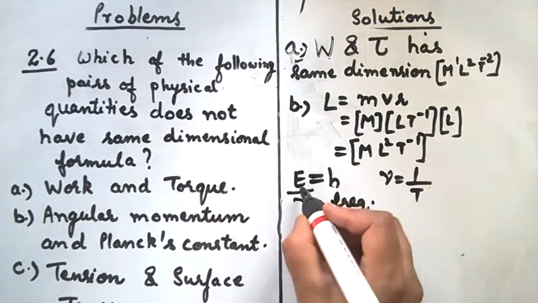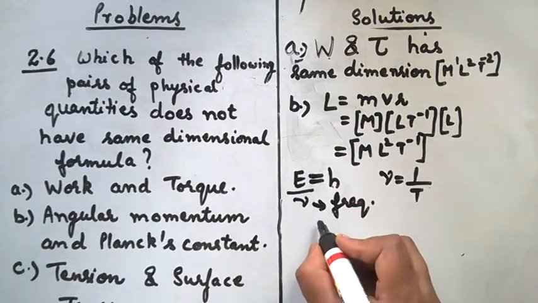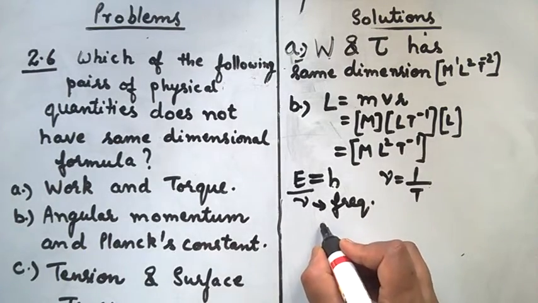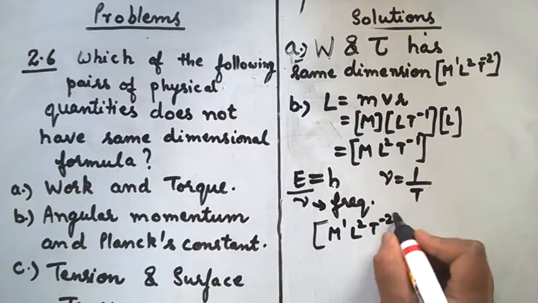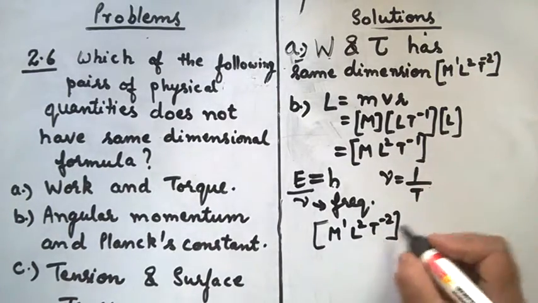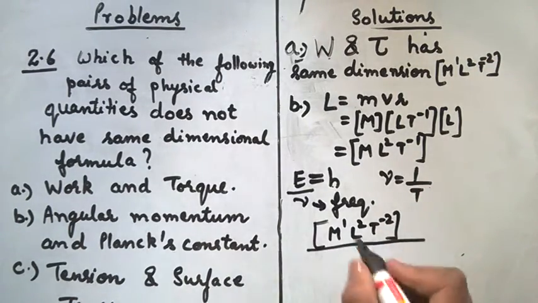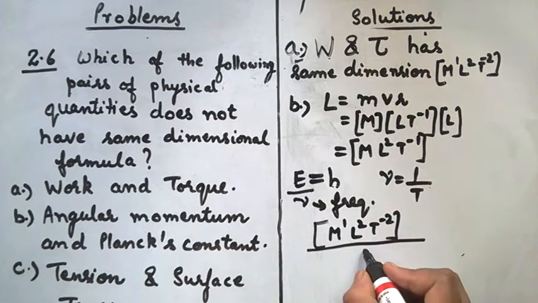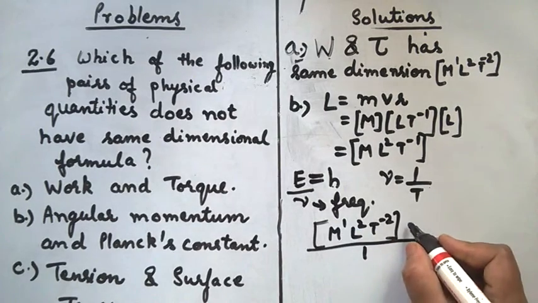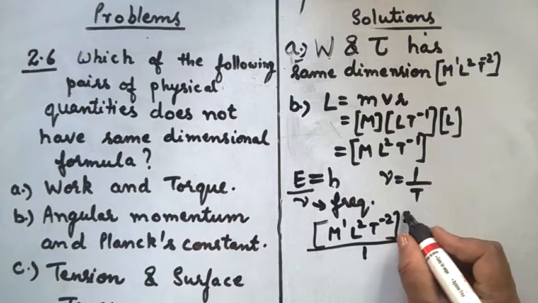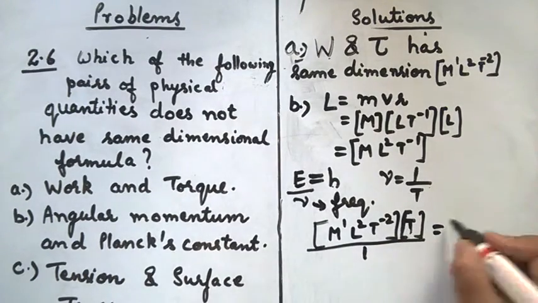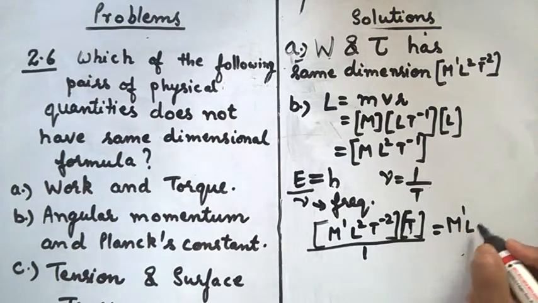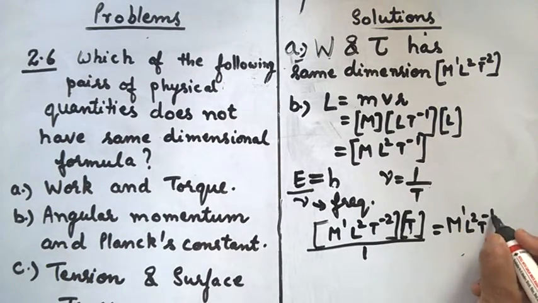Thus, the dimension of energy is m1 L2 T minus 2, same as work, and the dimension of nu is 1 by T. Thus the final dimension is m1 L2 T minus 1.